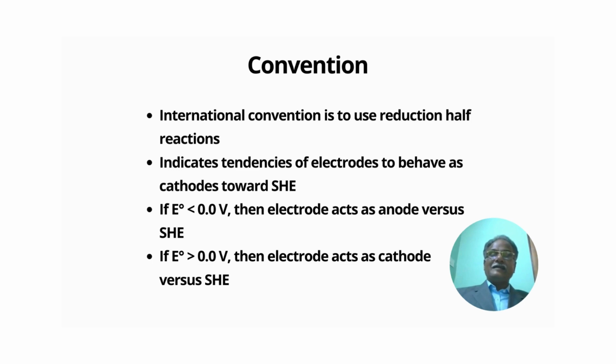Let us see another example, copper. Copper has a standard reduction electrode potential of plus 0.34 volts. We know that it is greater than 0.0 volts. So copper acts as cathode when it is connected to the standard hydrogen electrode.